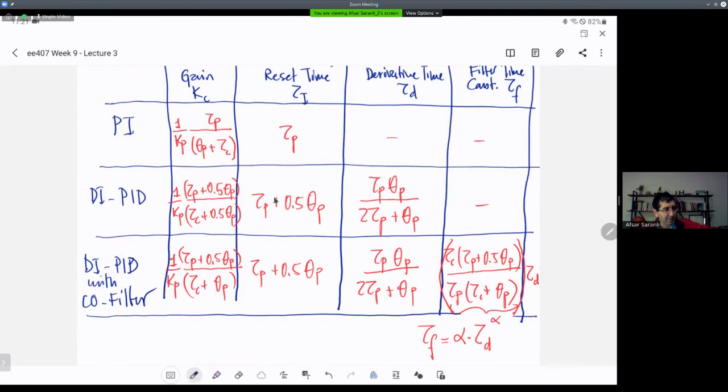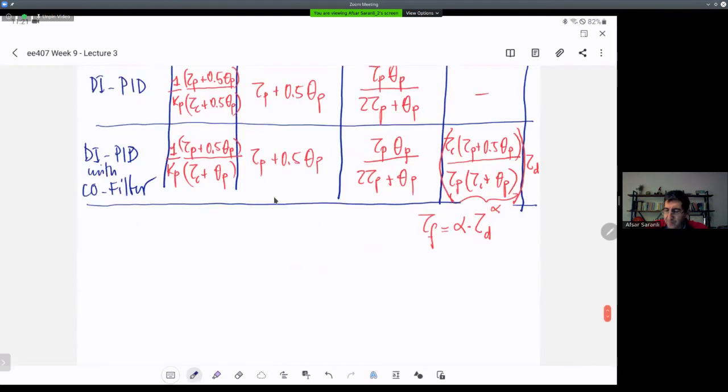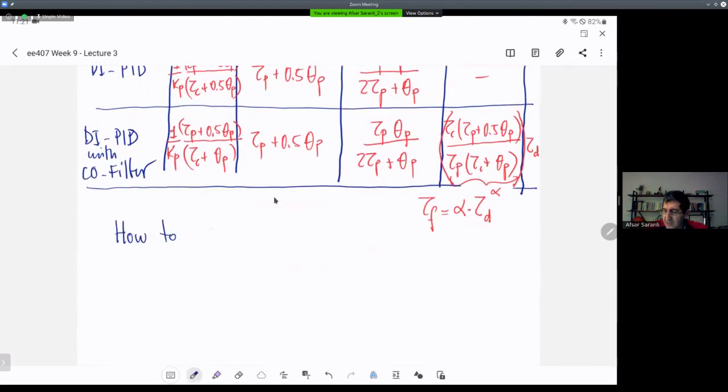Now, obviously, this requires you to specify a desired time constant for the overall system. So I'm going to also discuss how to select tau c.